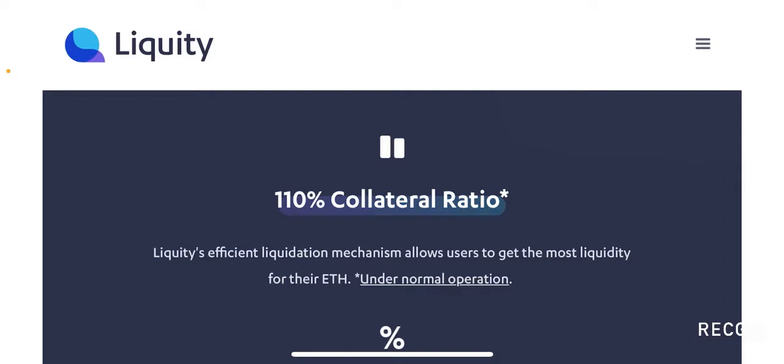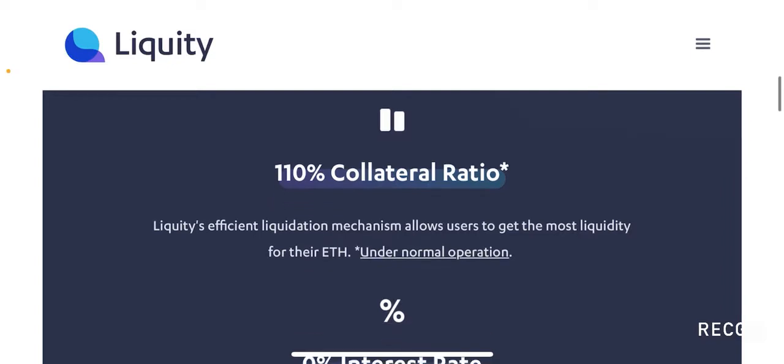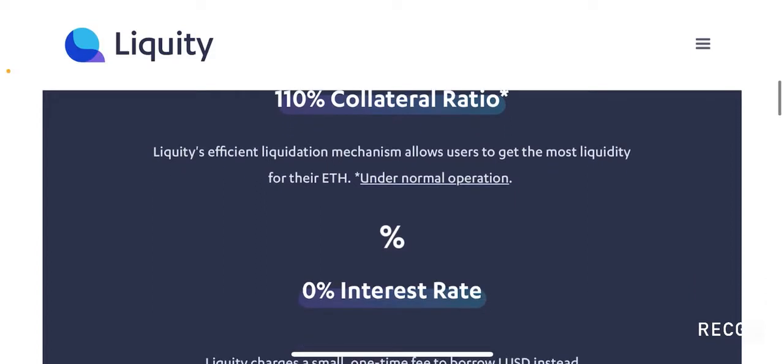If you have conditions that are outside of the normal operation conditions, you need to read through their terms, because this is not available for everyone at all times, right? But it's still good that they have 110% collateralization ratio, which allows you to use your ETH to the fullest in order to borrow a large amount of stable coins, right? So that's one main key feature of this platform.